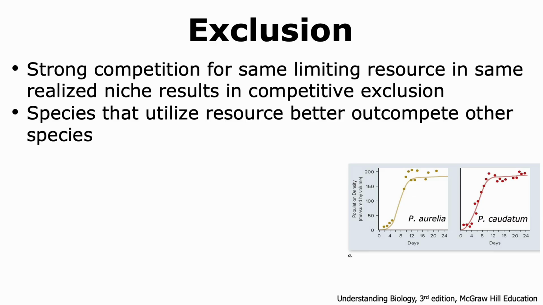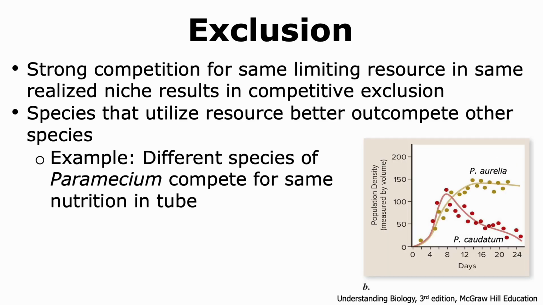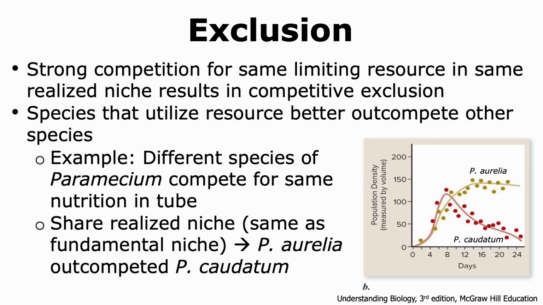Let us take the example of two different species of paramecium that compete for the same nutrition. When they are present in different tubes, then both Paramecium aurelia and Paramecium caudatum are able to grow. However, when we put them in the same tube, then their realized niche is the same as their fundamental niche, and they both will compete for the same resources.